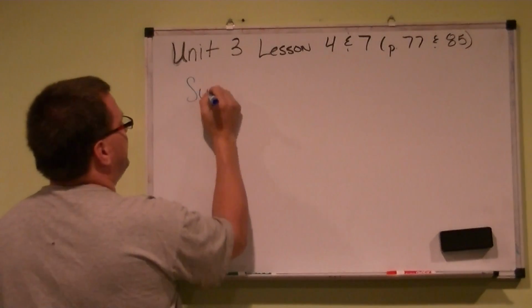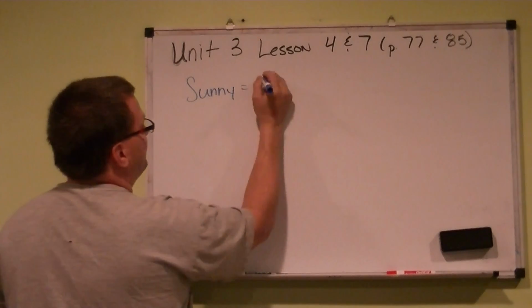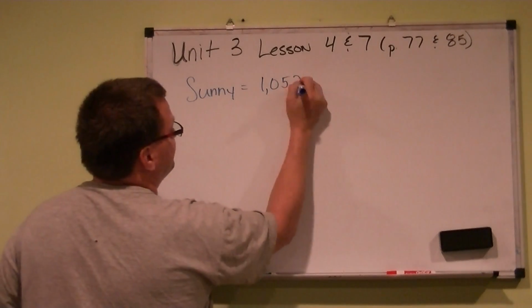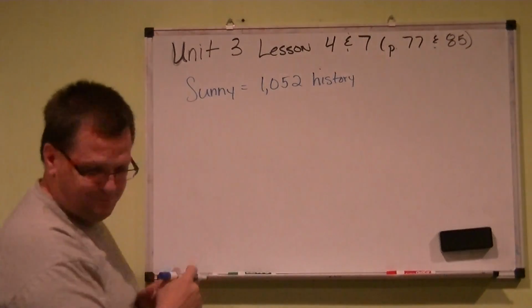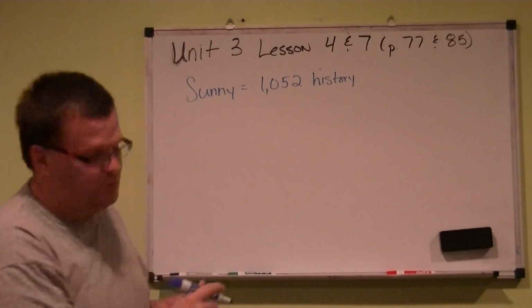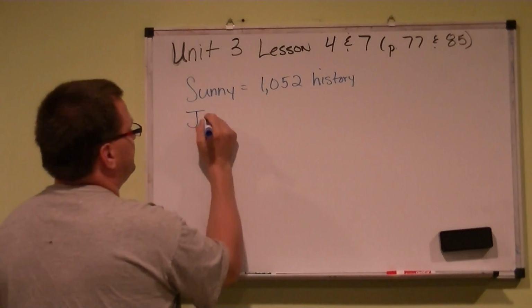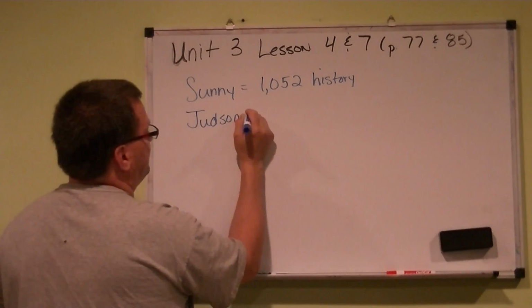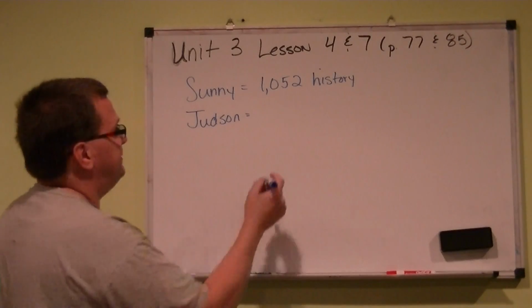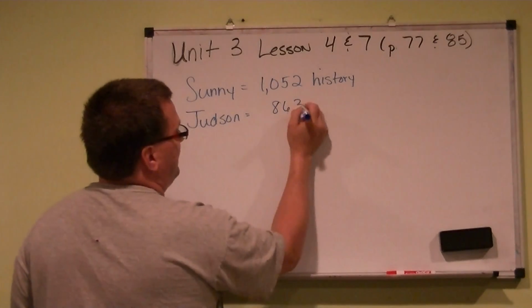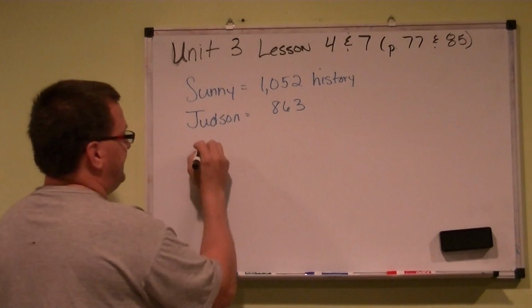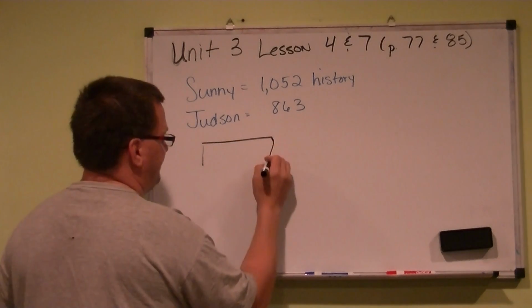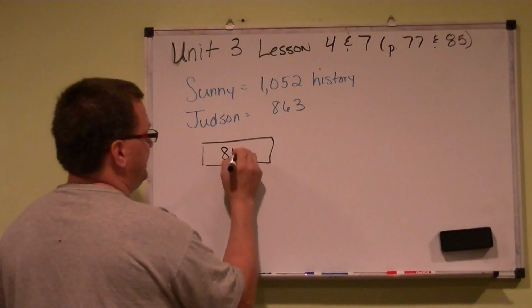So Sunnytown, let's say Sunny, equals 1,052 history books. And then Judson has 863. And just as we did before, those two little boxes, we'll do Judson on top, and they have 863.